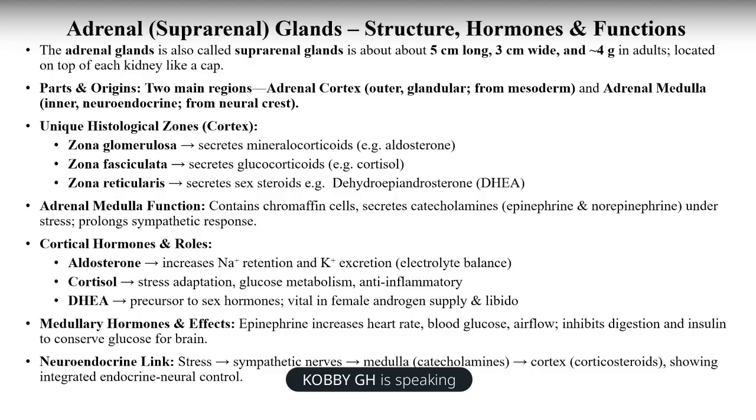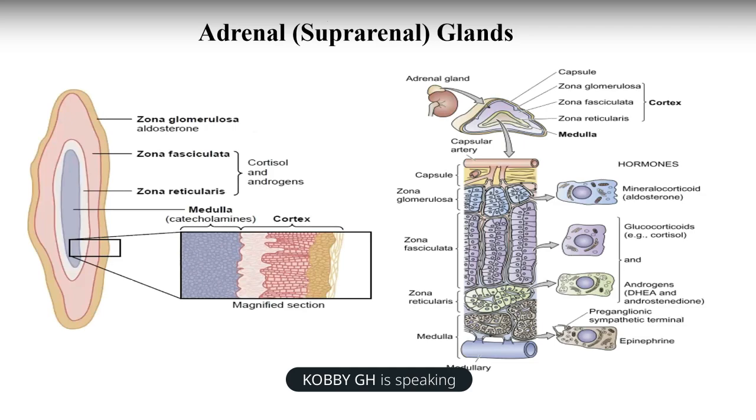Now, the adrenal gland has two main regions, or two main parts. The first part we call the adrenal medulla, and the second part we call the adrenal cortex.